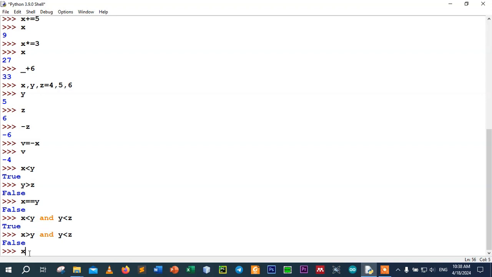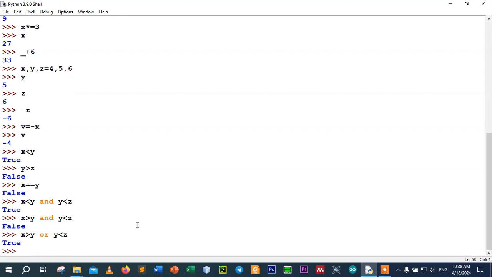What about x greater than y or y less than z? What about the answer? It is true. Why? Because x greater than y, 4 greater than 5, is false.